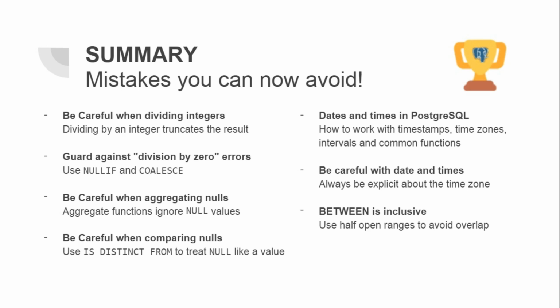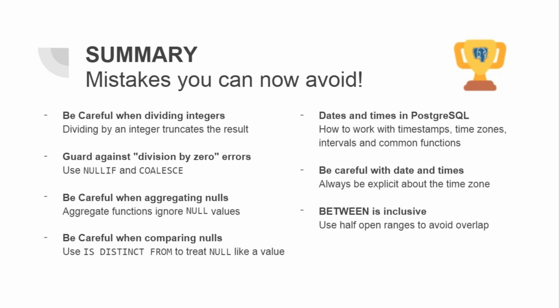IS DISTINCT FROM treats null like an ordinary value. This is very useful, especially when you are writing reusable queries that use placeholders to accept any type of value. So if you need to compare columns that are nullable, you can use IS DISTINCT FROM to compare them safely.